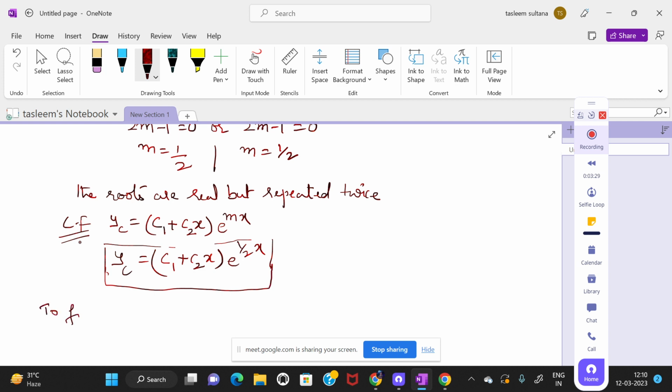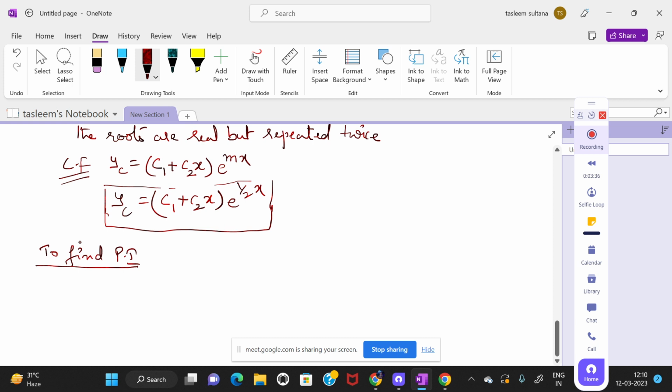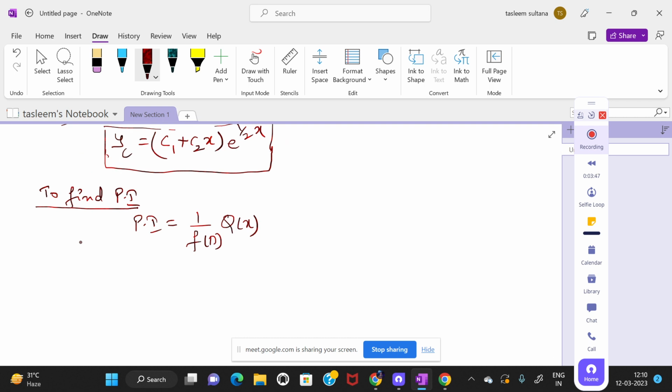To find PI, the next half, you're going to consider the complete equation. Your PI formula: PI is equal to 1 by f of D into Q of x, where f of D is what equation they have given: 1 by 4D square minus 4D plus 1, into 100.